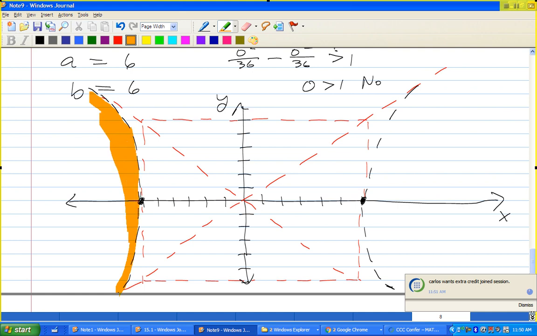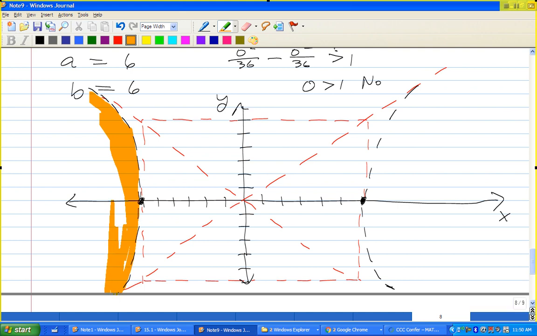Okay, there. So this is my solution. And let's see if I can draw the other side.